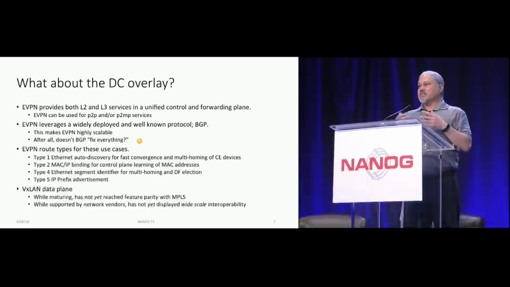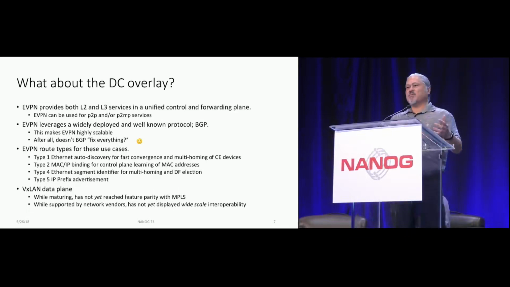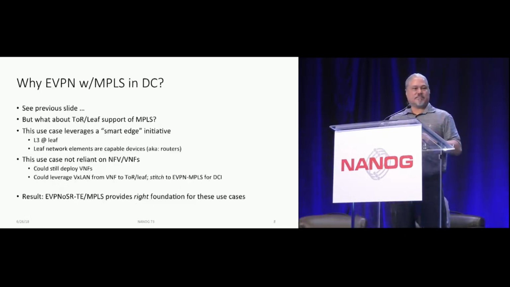It hasn't yet reached feature parity, so it's close, but there are some gaps. It's growing, it's maturing. It is multi-vendor, interoperable, and deployed, but you really can't say it's widely deployed. You can't point at a dozen networks and say they're doing VXLAN. Maybe inside the data center, but not so much inter-data center. So it just makes a lot of sense to stick with MPLS.